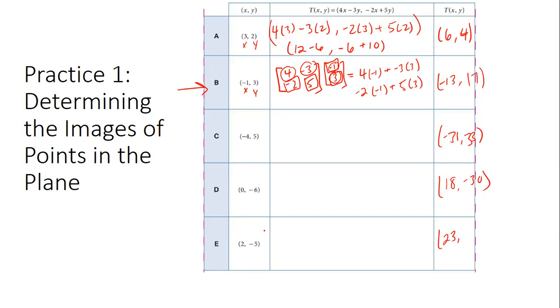All right, so let's double check. So remember, this is your X, this is your Y. So we have 4 times 2 minus 3 times -5, comma, -2 times 2 plus 5 times -5. That gives me 8 plus 15.